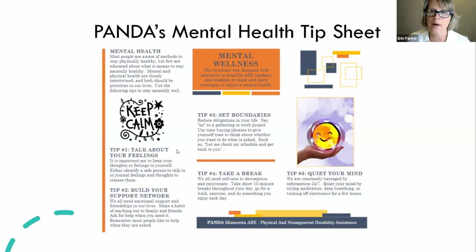Because oftentimes, especially for immigrants, they might be very isolated or lonely, coming to this country where they might not have their regular family support networks. And so meeting others is really helpful to them. And we know a lot of our students come to school not only to learn, but also for the social aspect. Tip 3, setting boundaries.